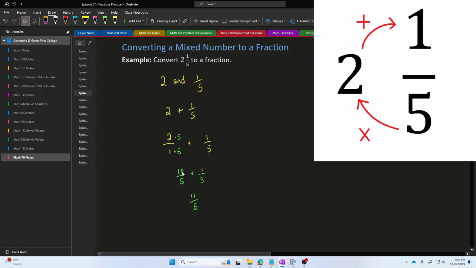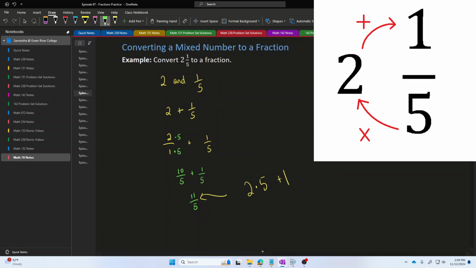And then that 10 got added to the 1 that I had in the 1/5. 2 times 5 plus 1. So I just took my 2 and multiplied it by this denominator 5, 2 times 5, and then I added it to 1. And this is how we can convert mixed numbers to fractions relatively quickly.